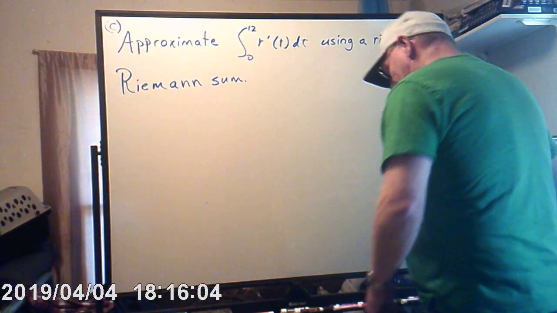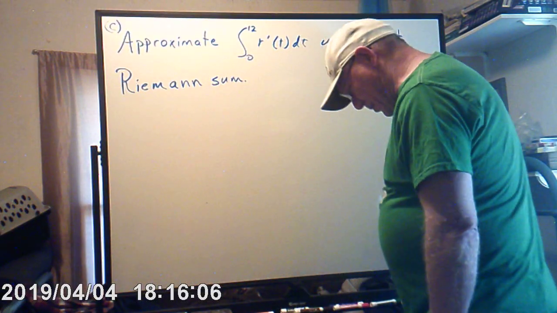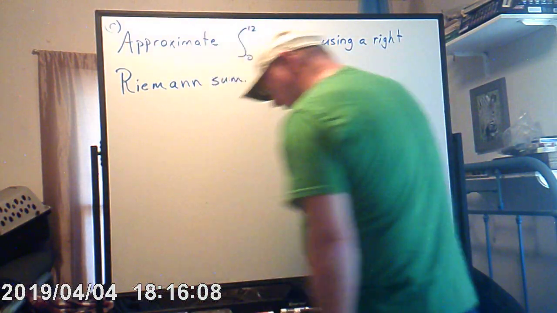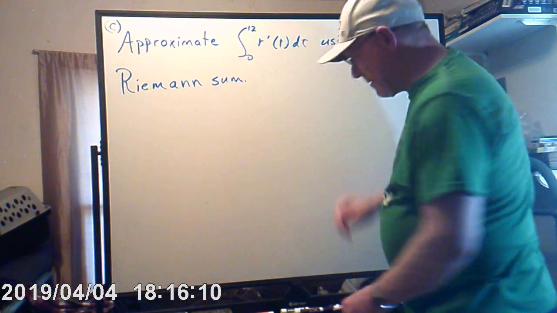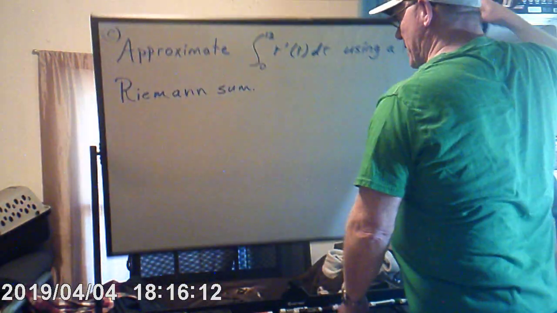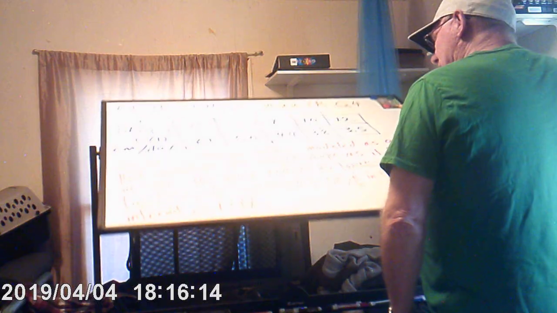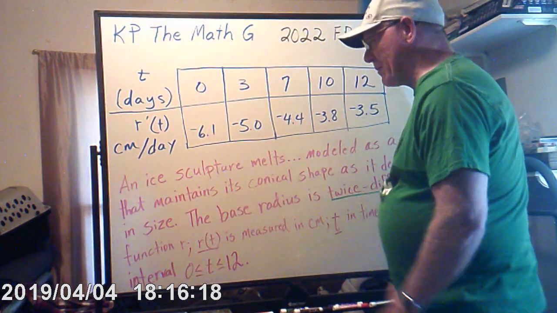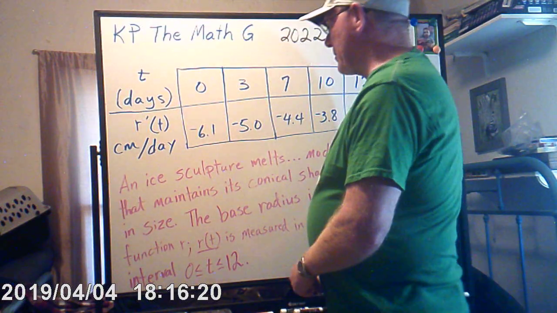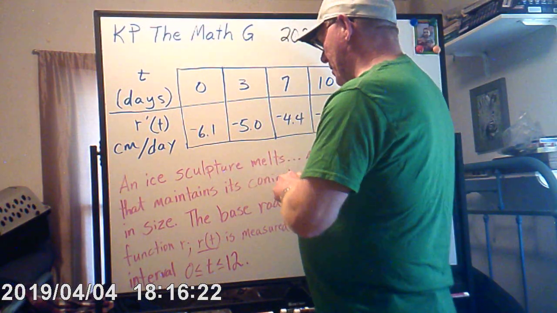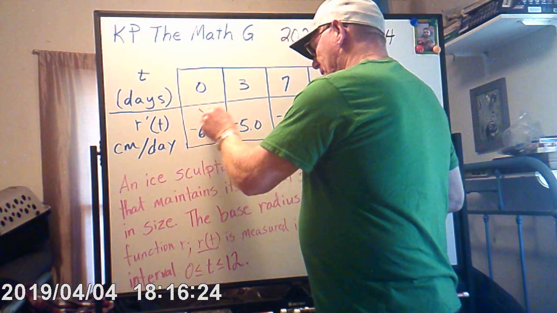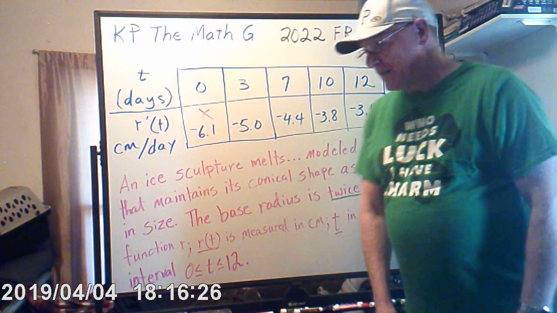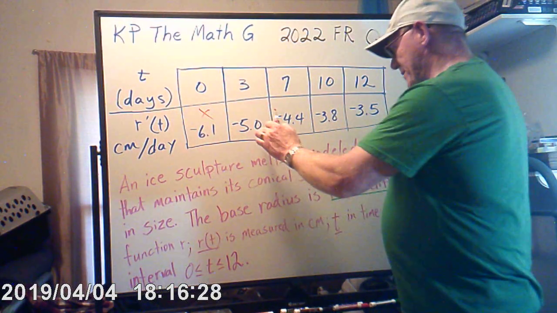So let's get into this one. Now, when you deal with a right Riemann sum, you totally ignore this last number right here. Okay, you're taking these four.